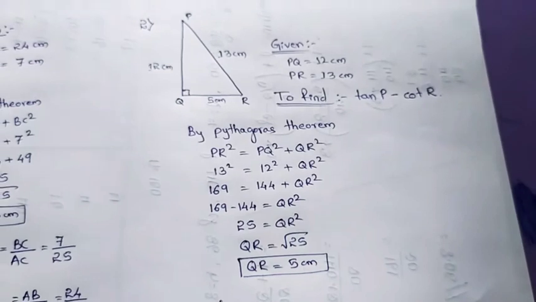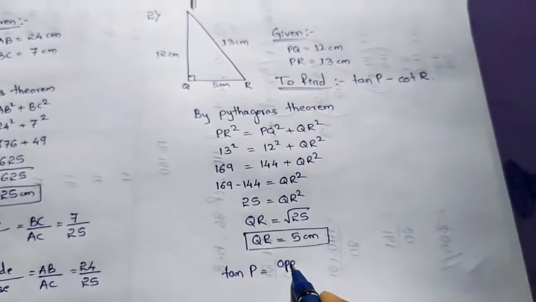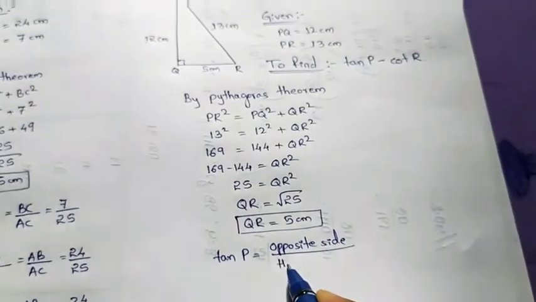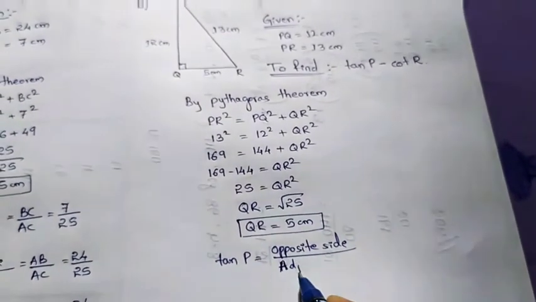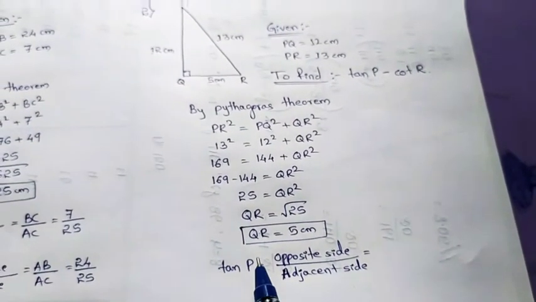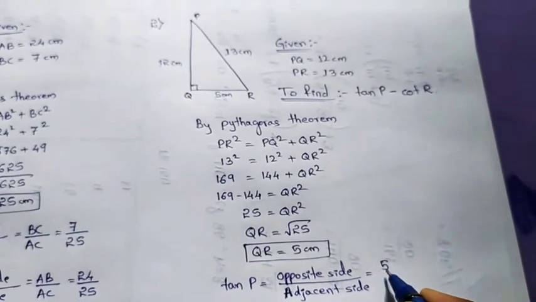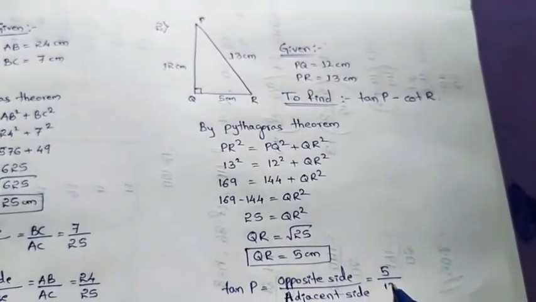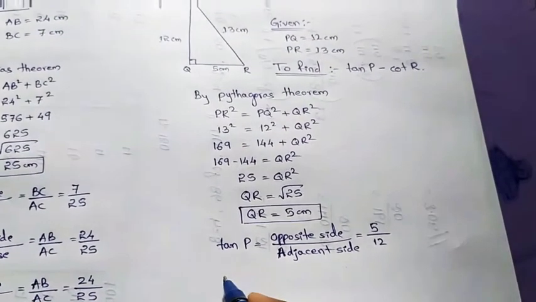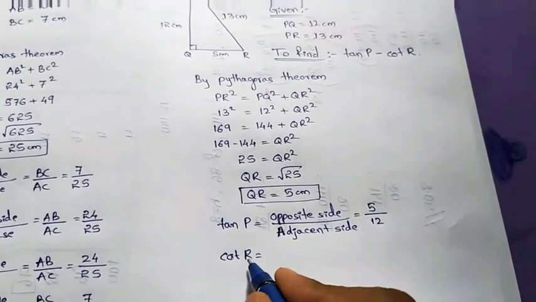Now we need tan P. What is tan P? The tan P formula is opposite side by adjacent side. For P, the opposite is 5 centimeter and the adjacent is 12. So it is 5 by 12. Now cot R we need. What is the formula?